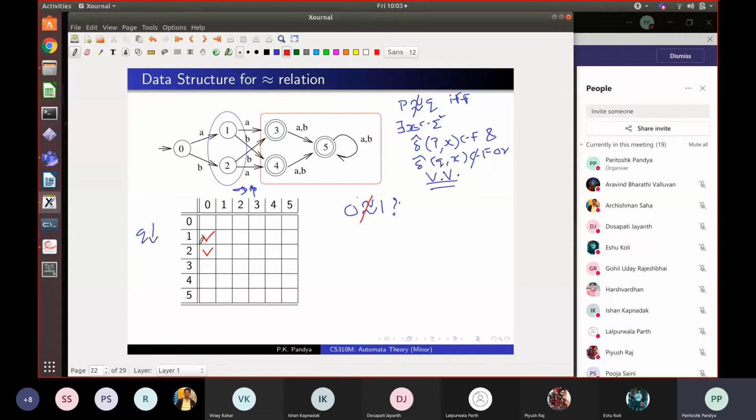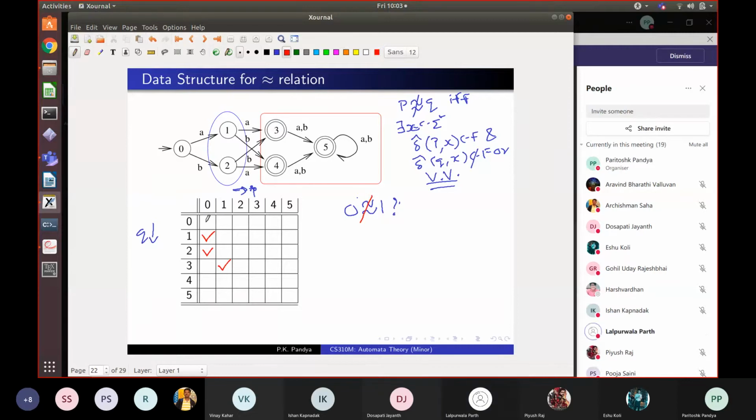What about 1 and 3? Not equivalent, so we put a tick in column 1 and row 3 as well. All things which are not equivalent, we'll put a tick. Now, one thing to note is that if you consider the diagonal entries, every state is obviously trivially equivalent to itself.